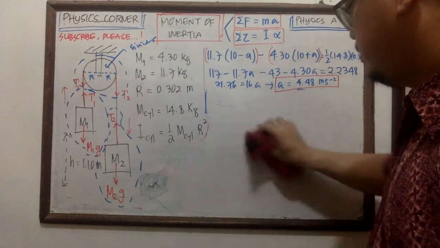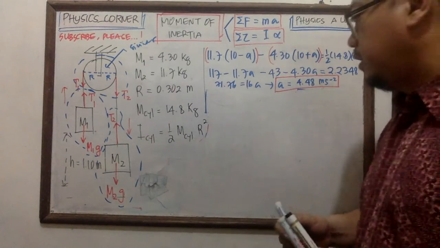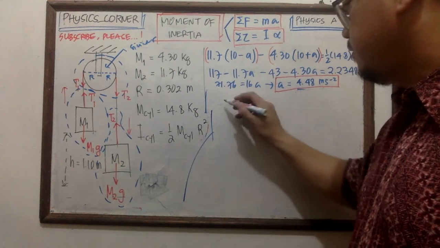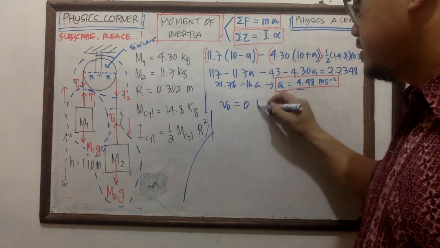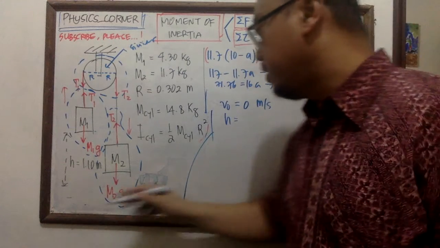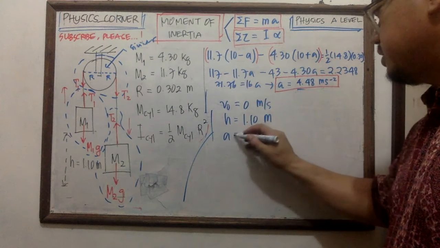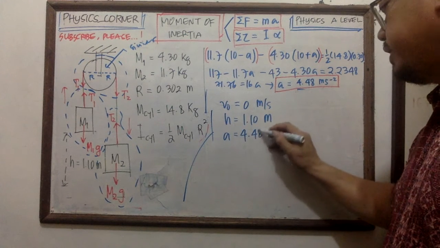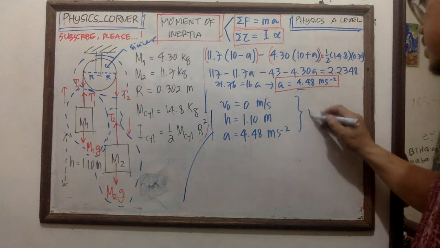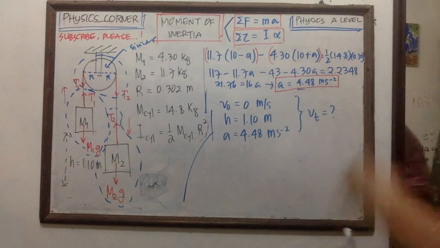Okay, now what about the speed of each block when they come from rest? The initial velocity is 0 meters per second, and they have h as 1.10 meters, and the acceleration is 4.48 meters per second squared. So how do we find the speed at that time? Which equation do we use?